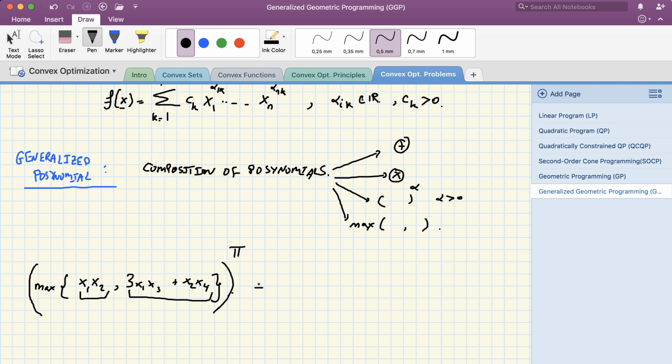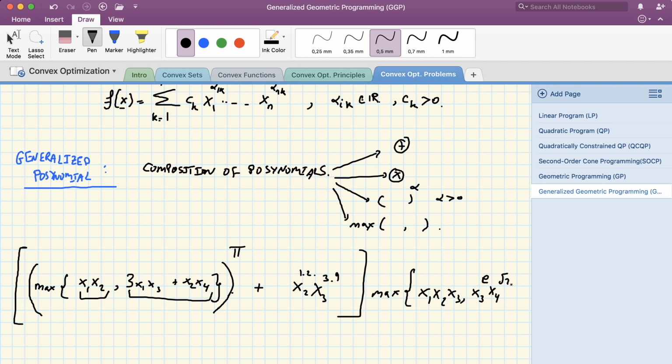So I could also come here and add a polynomial as such, and also grab all this guy and multiply by another polynomial, or by max of polynomials, max of, let's say, x_1, x_2, x_3, and maybe x_3 to the power e, x_4 to the power root 2, and so on. You can make it as complicated as possible. And you can also come here and take a power, c squared, for example. So all this is generalized polynomials because it's made up from simpler polynomials with the following operations.